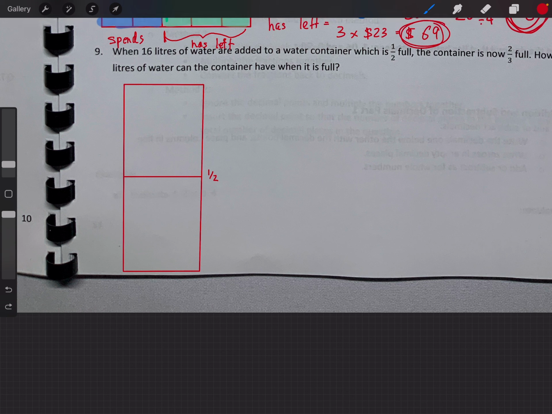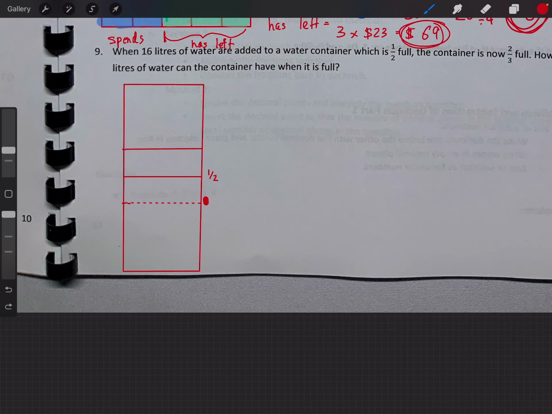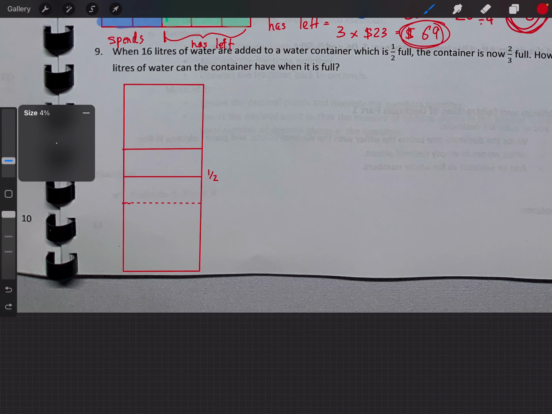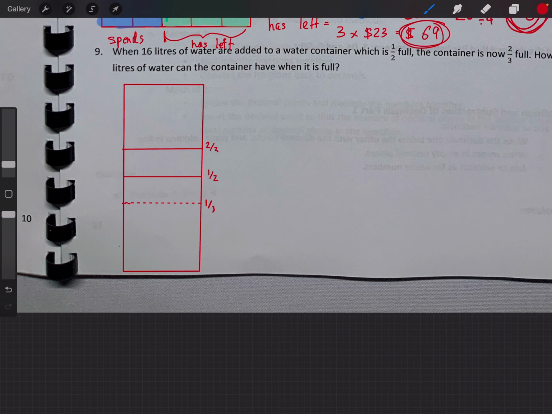So 1/3 is roughly here, 2/3 is roughly here. Okay. So here is 1/3. And this is 2/3.